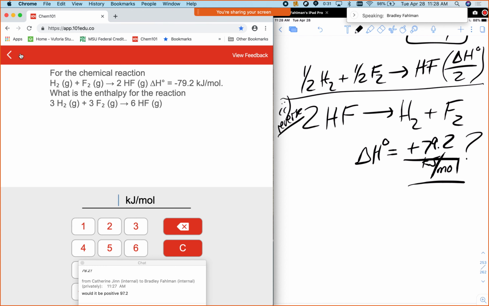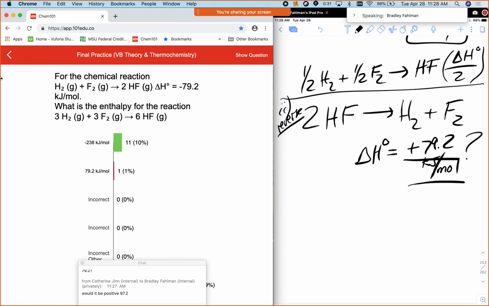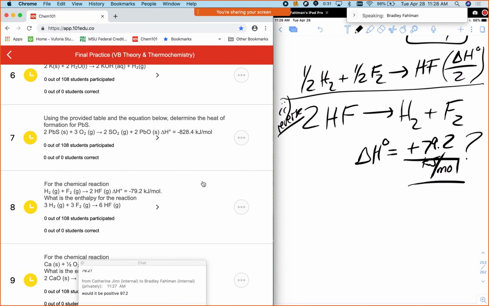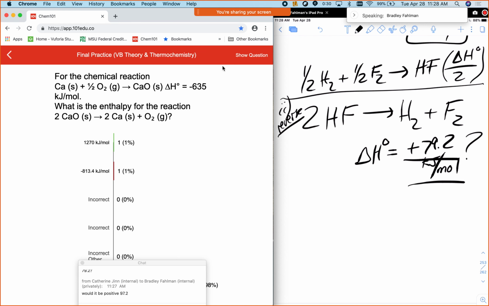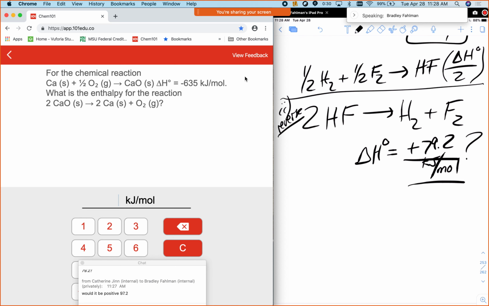Okay, so let's see. I have a question where you kind of put stuff together here. What about this one? Show it larger here. There we go.